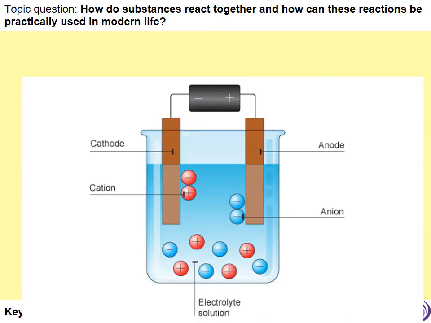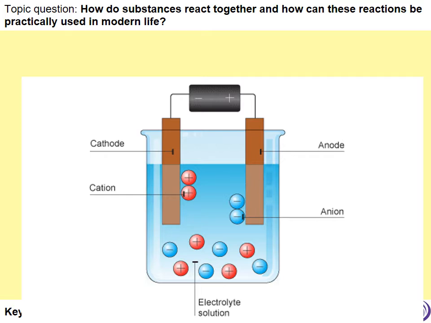So here we have a diagram of an electrolysis practical, which you may have done in the past, and you can see that we have a power source and we have two electrodes called the cathode and the anode, and that the ions are being attracted to each of the electrodes.